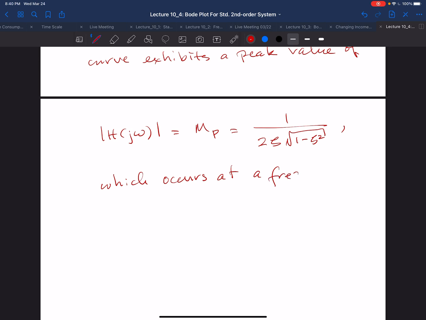And this occurs at the frequency omega_p for peak, which is omega n times the square root not of 1 minus zeta squared, but of 1 minus 2 zeta squared. And again, you can easily confirm these expressions just by differentiating the modulus of H of j omega with respect to omega and setting that derivative equal to 0 to find the peak.